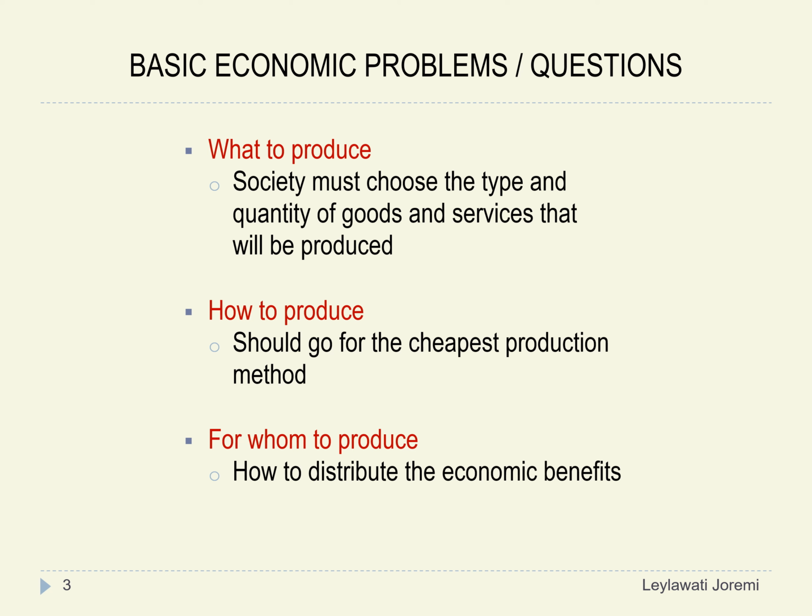You need to talk to somebody else. You need to do some research. You need to understand the economic situation. You need to see your surroundings. Then you can decide what to produce. Right? So you must choose the type and quantity of goods that you need to produce. Of course, when we talk about what to produce, we need to decide whether to produce goods or to provide services.